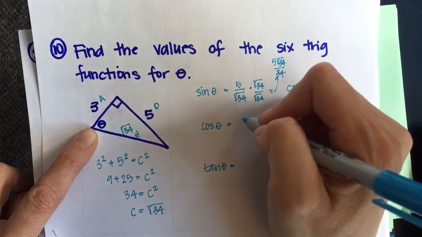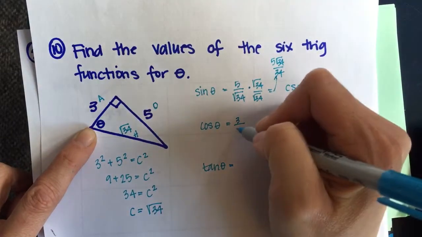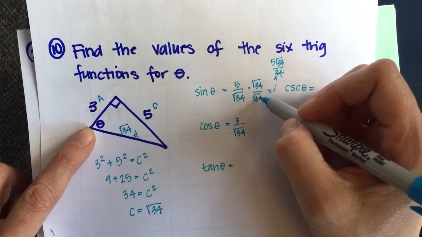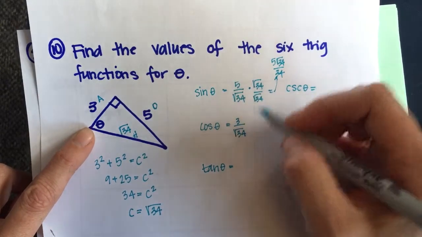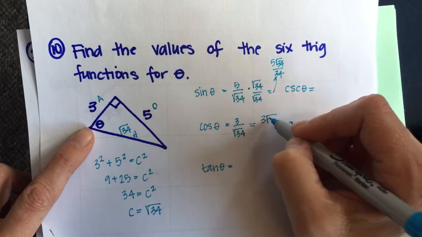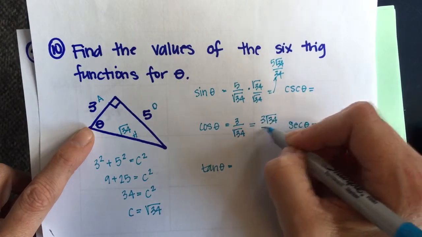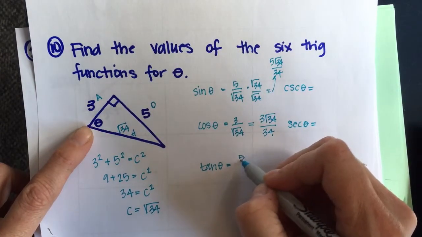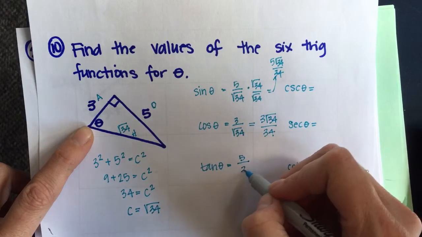Cosine is the adjacent, 3 over the hypotenuse, radical 34. I'm going to rationalize again, and because I'm out of room, I'm going to skip writing this step. 3 radical 34 over 34. And tangent is opposite over adjacent.